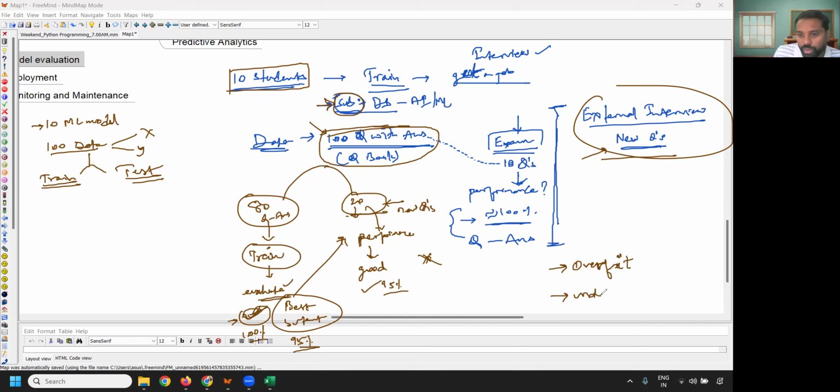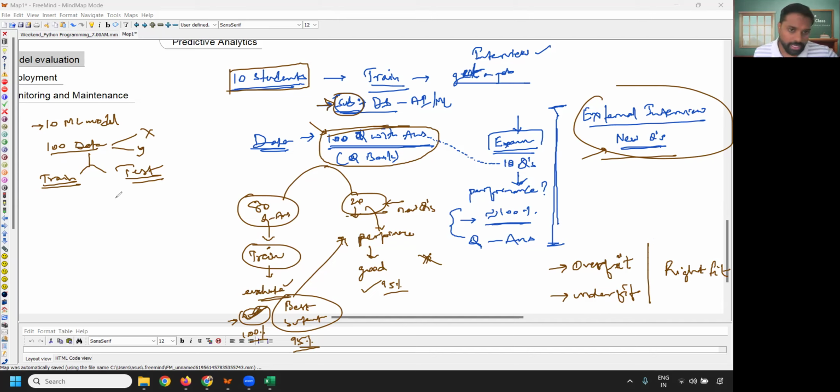Underfit, of course, we don't want at all, because underfit means the student is not learning in these 80 questions itself. Underperformance. We don't need that. What we need is the right fit. Right fit basically means the student who is consistently performing in all these data sets. Right? It's the same logic.